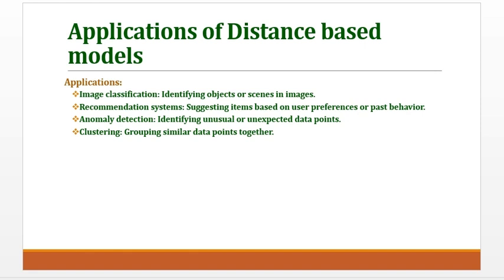For example, you can suggest movies based on the preference of similar users using cosine similarity. Then you also have medical diagnosis or anomaly detection, where we predict disease based on symptoms. Here we identify whether a patient has diabetes based on test results.